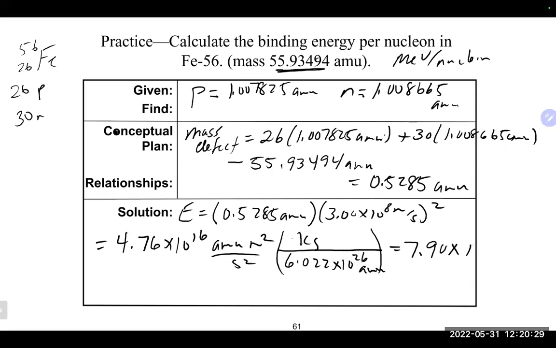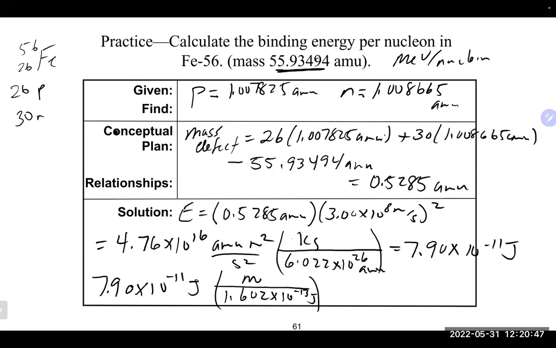7.9 times 10 to the minus 11 joules, which, since we wanted mega electron volts, we might just want to convert now, using 1.602 times 10 to the minus 13 joules per mega electron volt, divided by 1.602 times 10 to the minus 13.